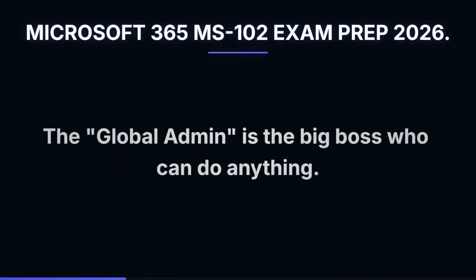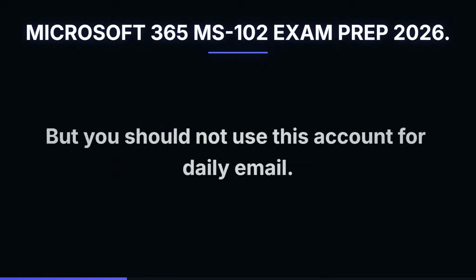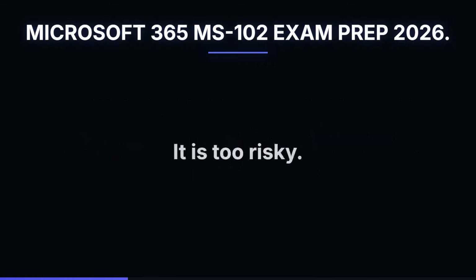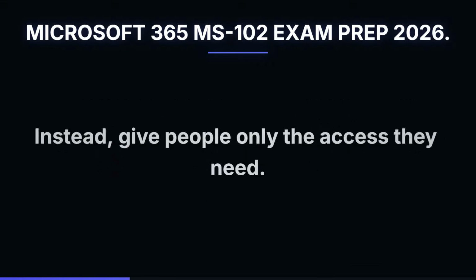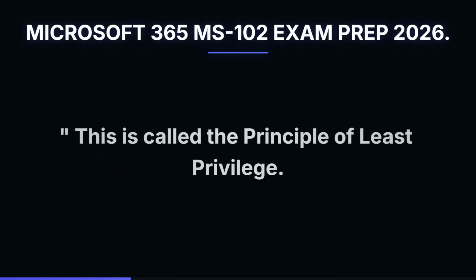The global admin is the big boss who can do anything. But you should not use this account for daily email. It is too risky. If they get that password, they get everything. Instead, give people only the access they need. This is called the principle of least privilege.